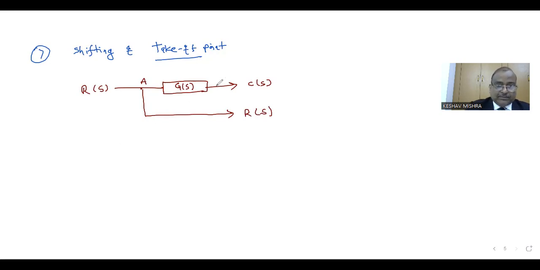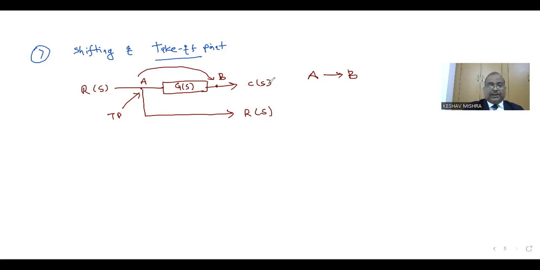Now it is possible to move this takeoff point here. Suppose this is point B. So we are moving this takeoff point from position A to position B. The simple concept is that output should remain constant before and after the shifting process.